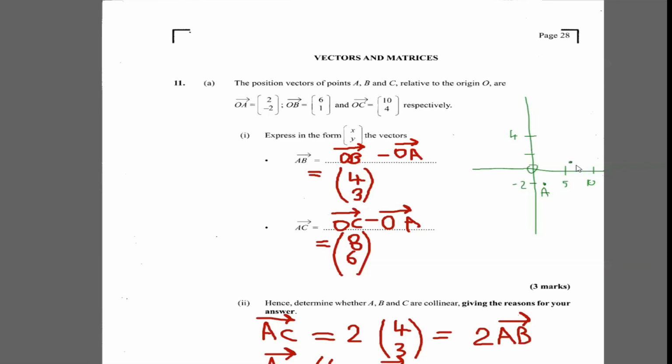Then the point C is 10, 4. Clearly they're collinear. This is A, B, C in a straight line. That's what collinear means. Nice and easy.